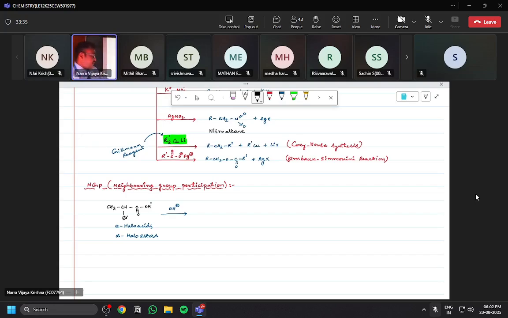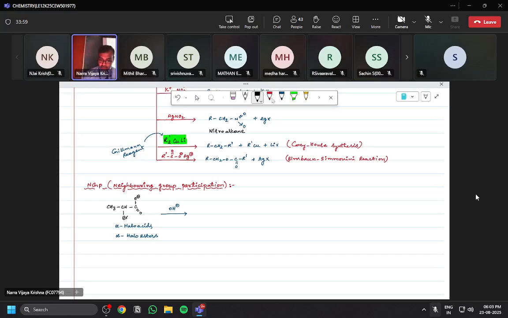Base will remove this H plus. Correct or not? Base will remove this H plus and forms an anion. That's why I am directly writing that anion, so I am writing it as C double bond O minus. If I take an ester also, esters undergo hydrolysis to form the same species again.